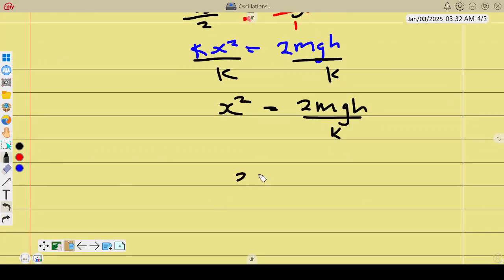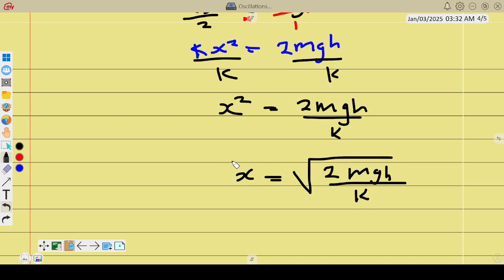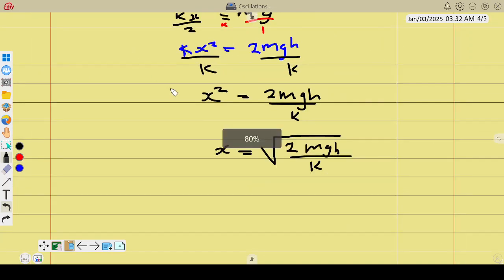Okay, so I'm teaching you like babies. Yeah, my job is. So to get rid of this, we say x is the square root of 2mgh over k. So the question was, I'm sure you understood the question.